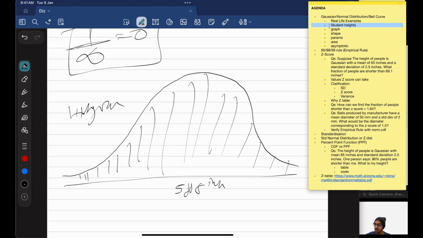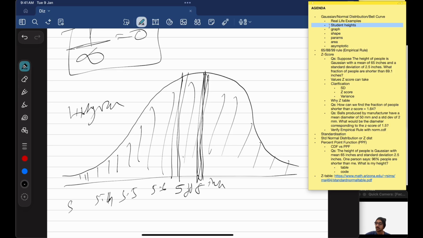So this will be the largest bucket, the largest amount of clustering somewhere around here. And maybe this is 5.6, 5.5, 5.4, 5.3, 5.2, and this will be 5.8, 5.9, 5.10, 5.11, somewhere around like this. This is the average height in India, which is most common, so that will be clustered around here.